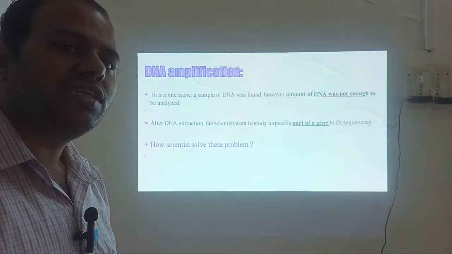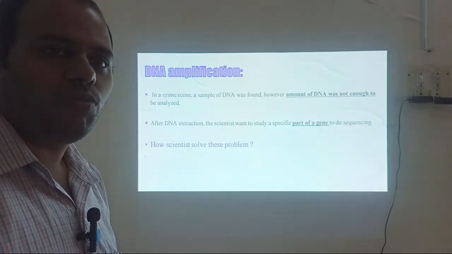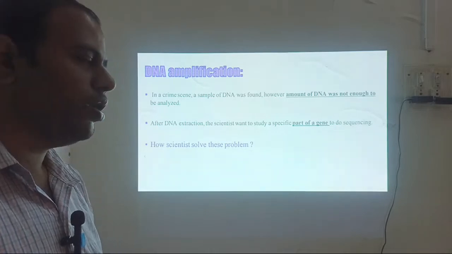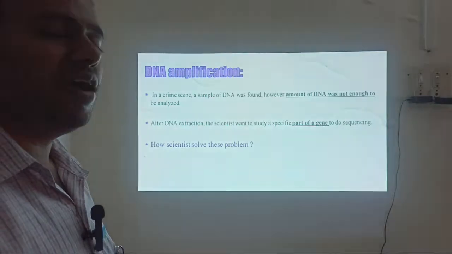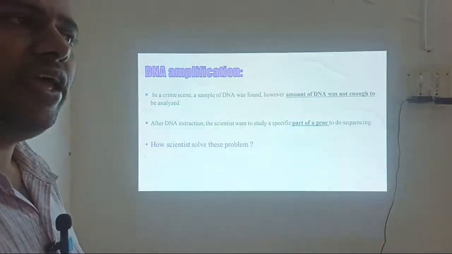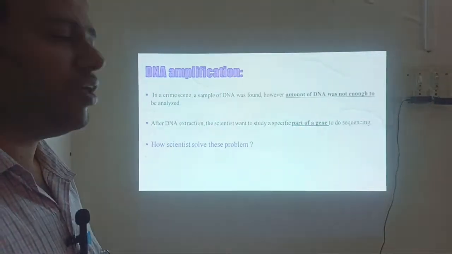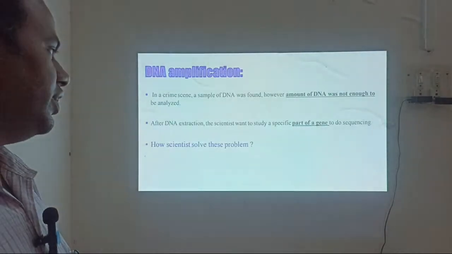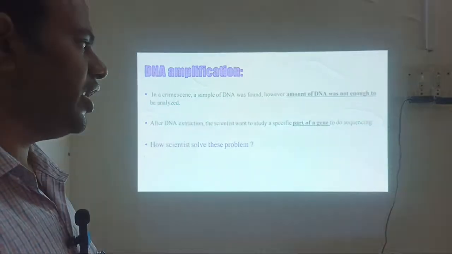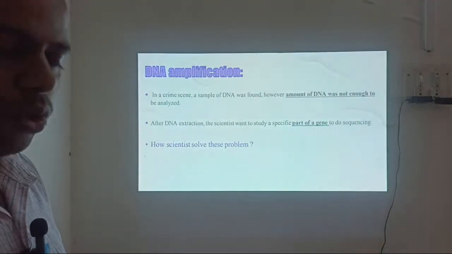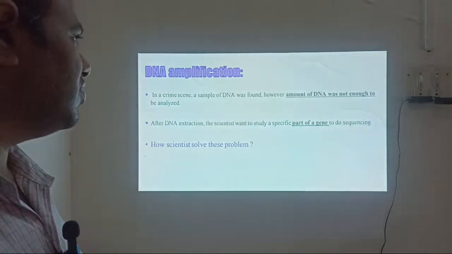Since the sample available is very small, the DNA sample is not available in ample amount. Okay. So here PCR comes into play, where we can amplify the amount of DNA even if we have a very small amount of sample. Okay, or if you have to study a part of a gene, then you have to do the sequencing of the gene, and after sequencing we have to amplify that particular fragment. Okay, so DNA amplification is very important in such cases.